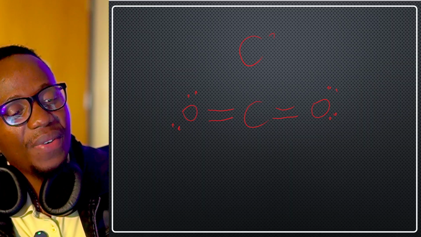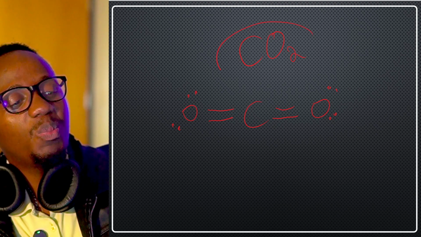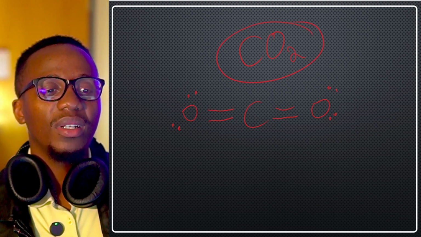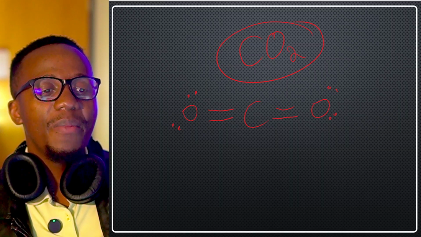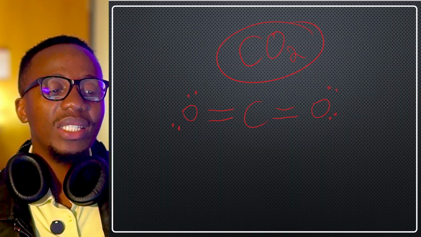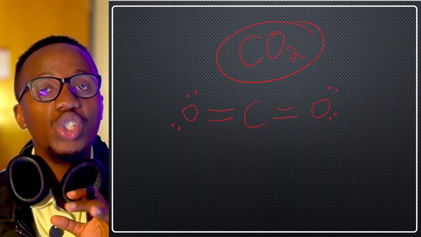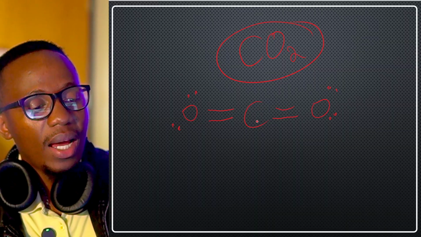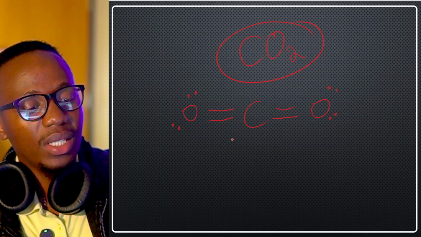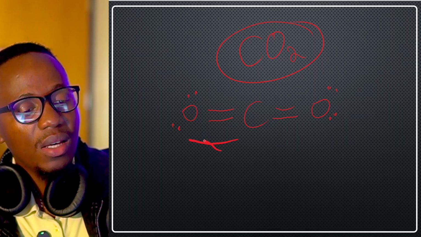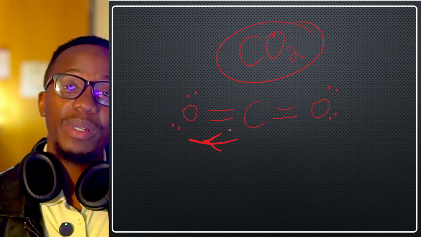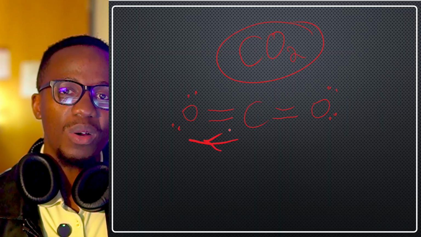This CO2, if I come in here and ask you, is this polar or non-polar? You might say, I know that polarity is an unequal distribution of charges, and oxygen and carbon have different electronegativities, so CO2 is polar. But I'll say, no, that's wrong.